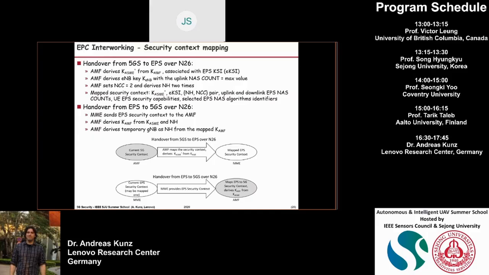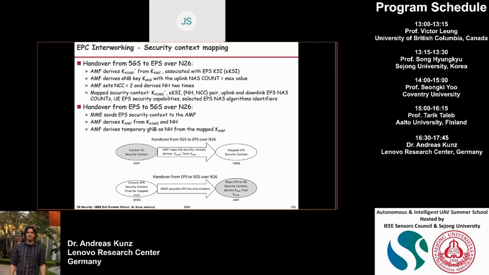You send the eKSI, the key set identifier for EPS, the NH, NCC pair. You have the uplink and downlink NAS counts. You will give the security capabilities for 4G of the UE and the selected EPS NAS algorithm identifiers.